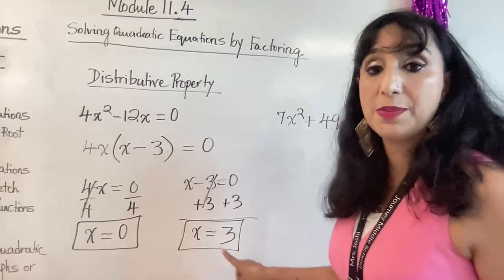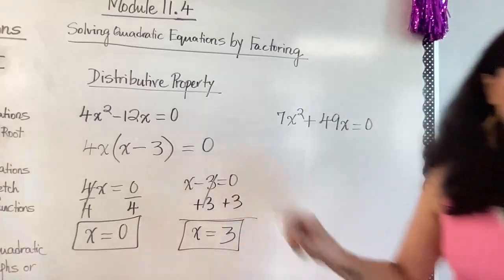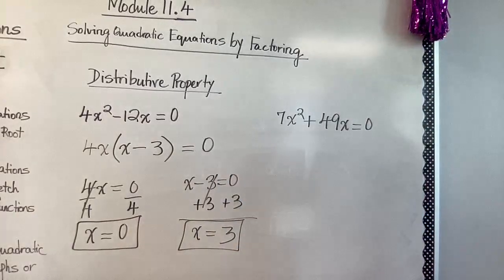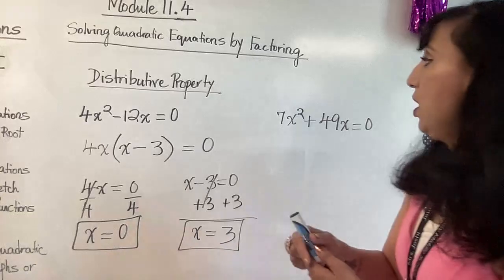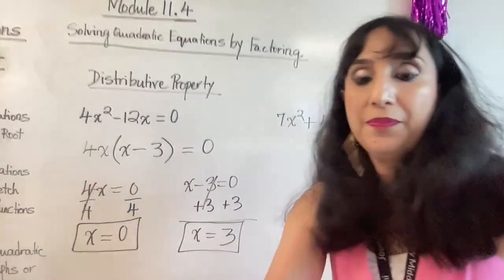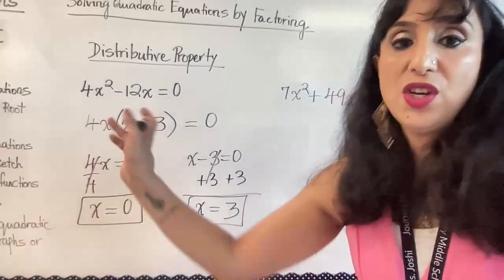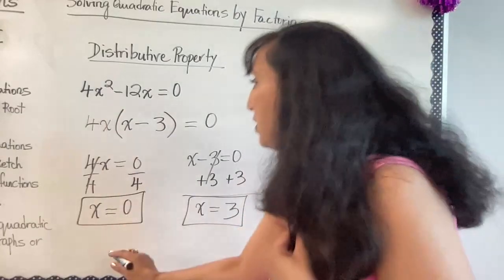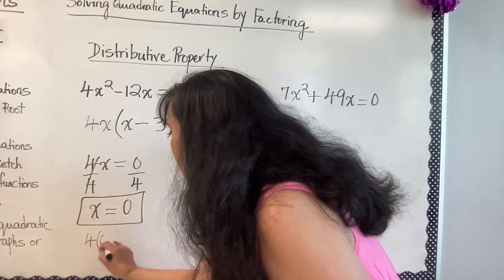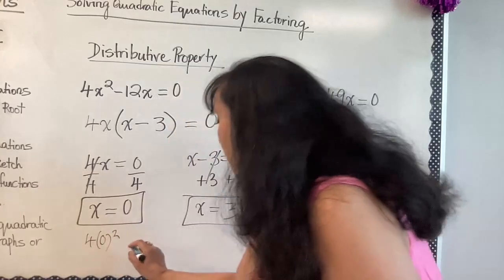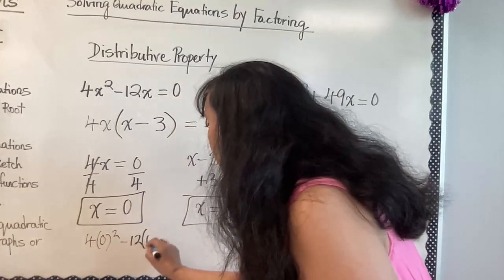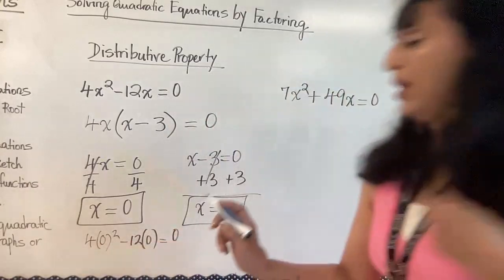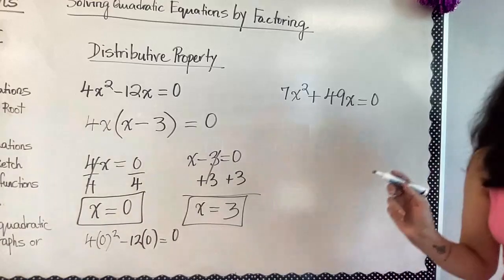To check that it is correct, all I do is substitute the value. I'm going to take that original equation, and if x is 0, that means 4 times 0 squared minus 12 times 0 should equal 0. And yeah, I do get it. And let's look at the next one.